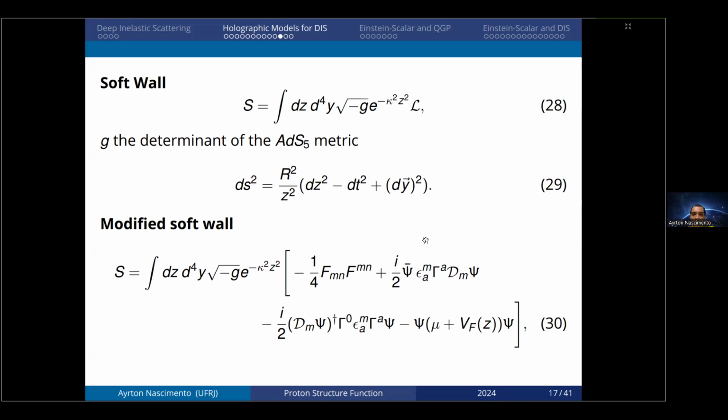In some holographic models, they get some corrections, anomalous contributions to the conformal dimension of the operator.